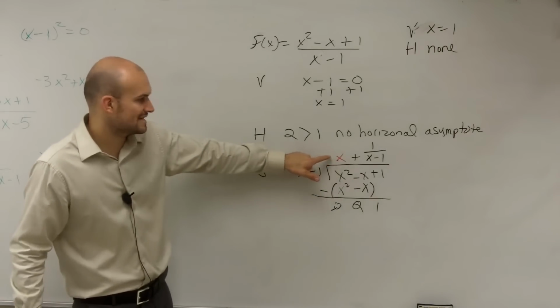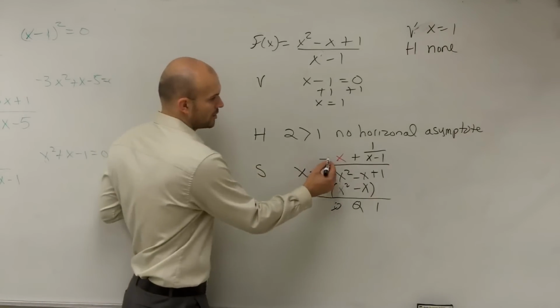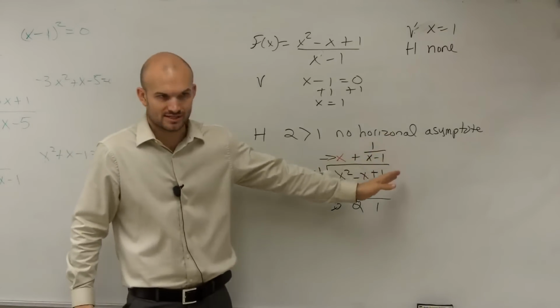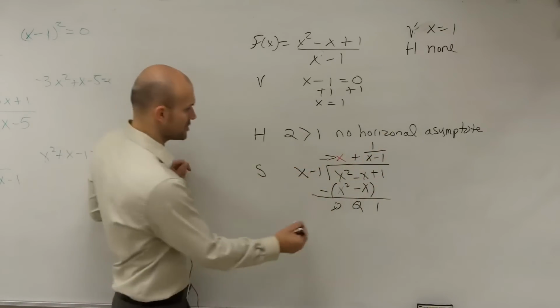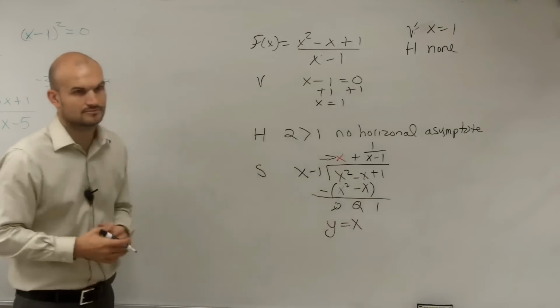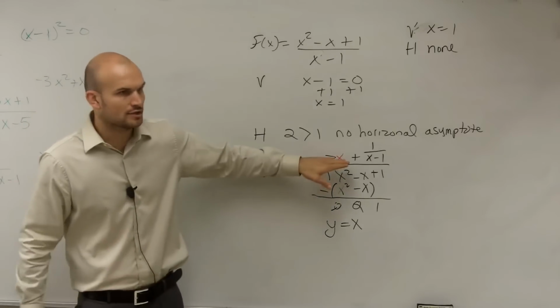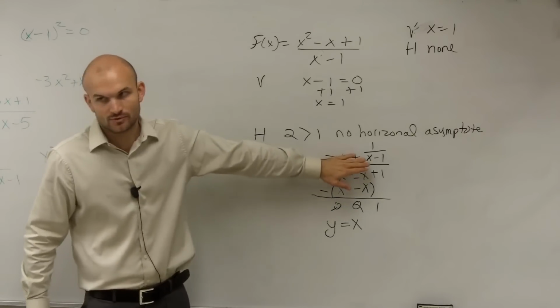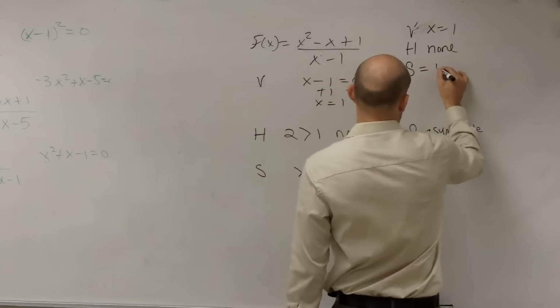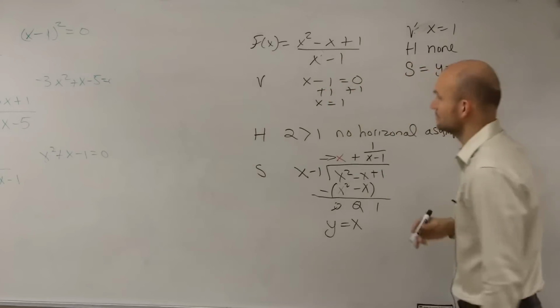However, our slant asymptote is just going to be our quotient without the remainder, because the remainder ends up going to 0. So our slant asymptote is going to be the line y equals x. All right, so you just take whatever the quotient is without dealing with the remainder. So my slant is equal to y equals x.